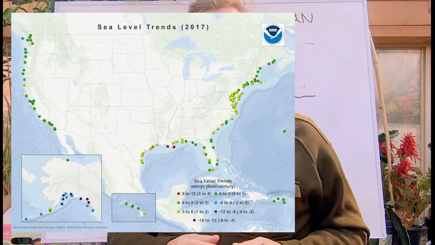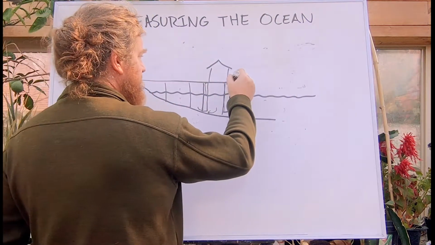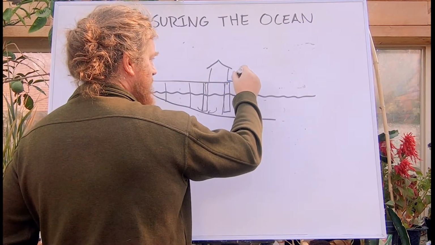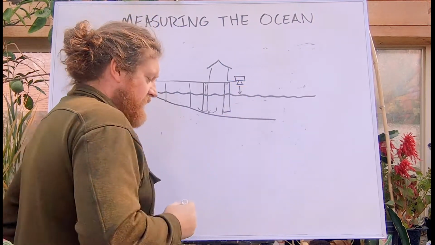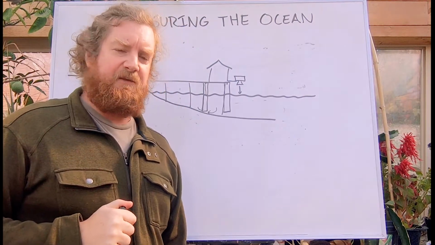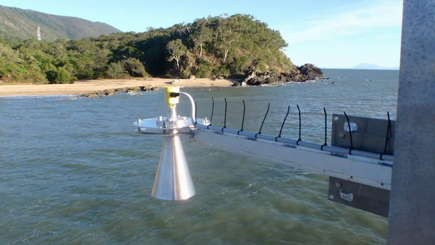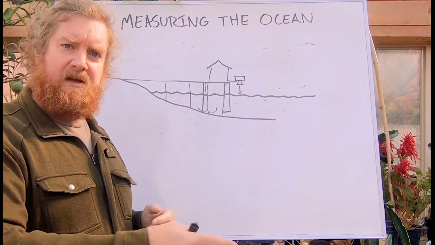But what we're currently doing is moving away from that, and we have a device that sticks out over the water and sends a microwave pulse down to the surface of the water, in a very similar way to what we saw before, although that was an acoustic tube sending a sound pulse, essentially an echo.